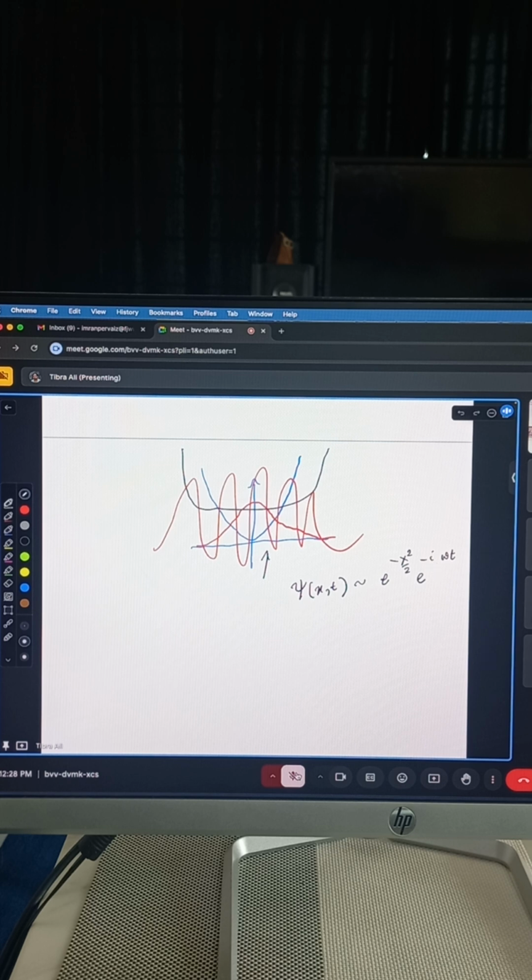We have a factor of half here. And here you see we have oscillations, right? But this is an oscillation of the wave function, right? But if we compute the probability, then this guy will go away.